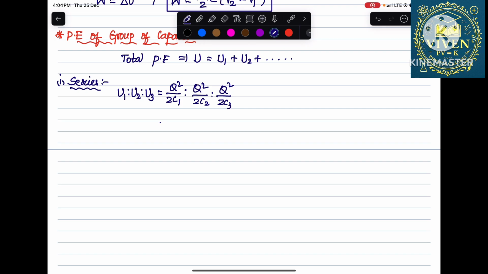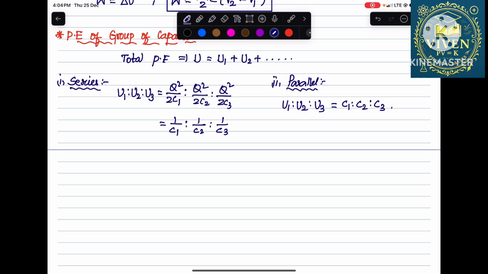Since charge is constant, I can write this as 1 by C1 is to 1 by C2 is to 1 by C3. And if the capacitors are connected in parallel, then U1 is to U2 is to U3 is equal to C1 is to C2 is to C3. These are things you need to remember for sure while doing capacitance numericals, right?